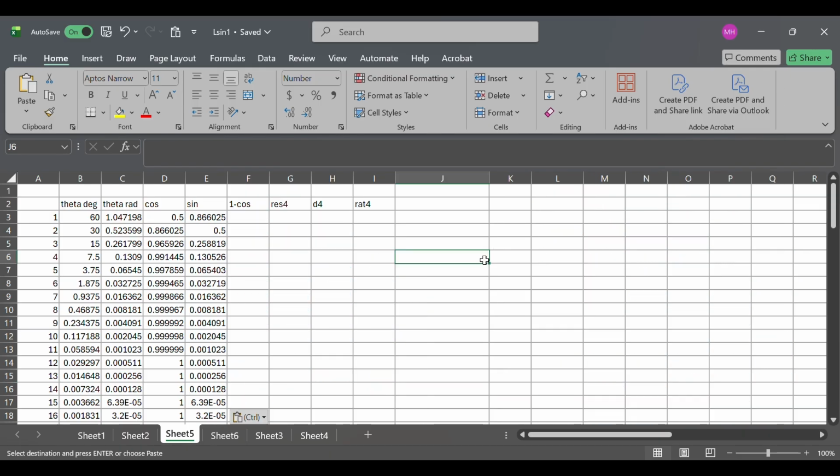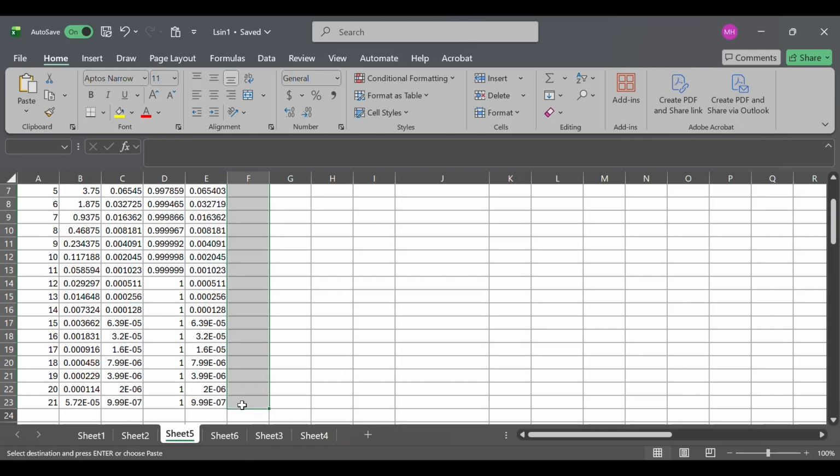Okay, let's look at cosine now. Most of these calculations we've already done. We're just going to do the 1 minus cosine. The way you calculate 1 minus cosine, you don't want to do 1 and then subtract the cosine value. You want to do sine squared and divide by 1 plus cosine. You'll get a better value.